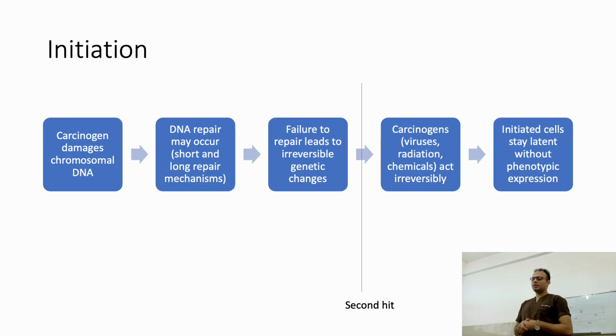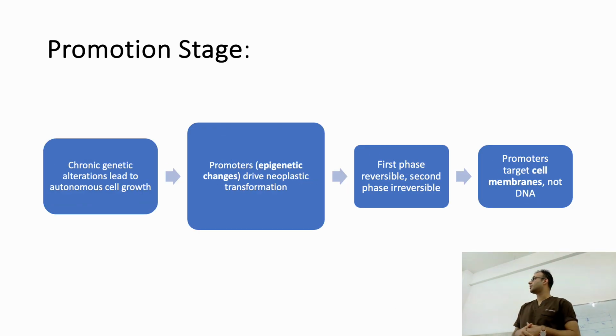If there is a failure to repair the DNA, it leads to irreversible genetic changes. And then the second hit, that is further carcinogens like virus and radiation, act irreversibly and initiate the tumor formation. Some may stay latent even without phenotypic expression, and some may progress toward the promotion stage.